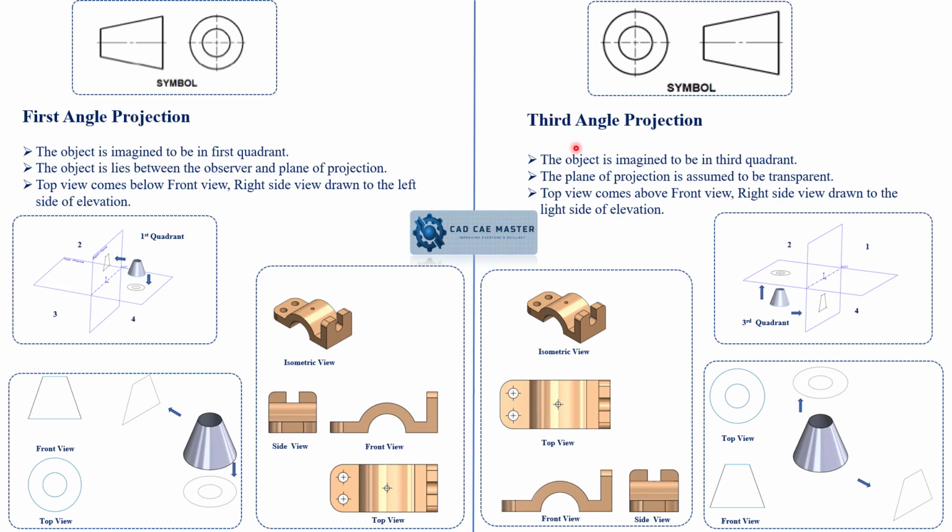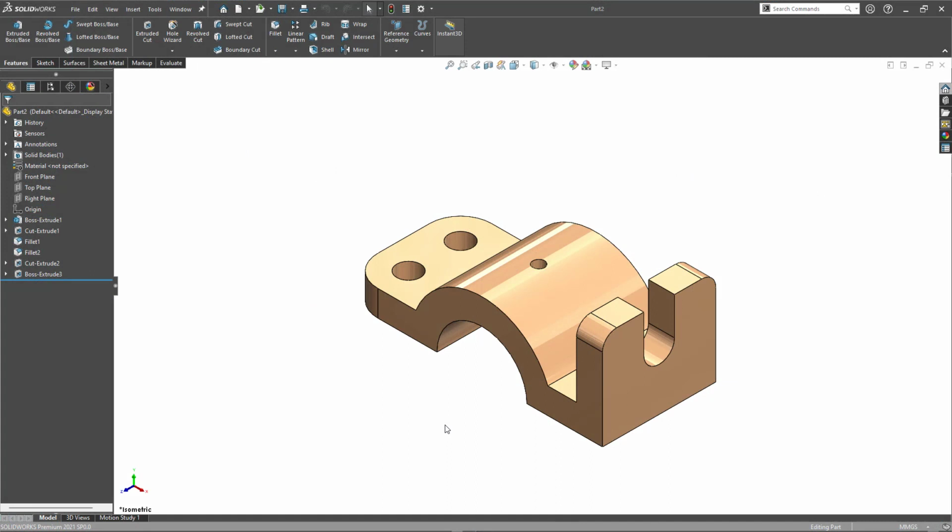Mostly in European countries we use the first angle, but in India and other Asian countries we use the third angle projection in charts. Okay, just now we had seen the brief overview about the first angle and third angle projection.